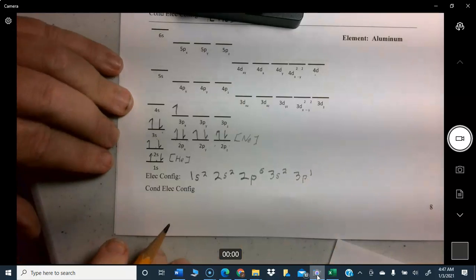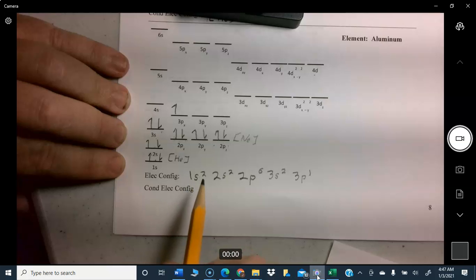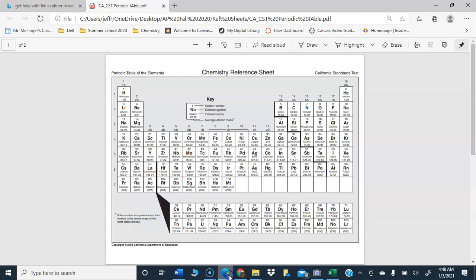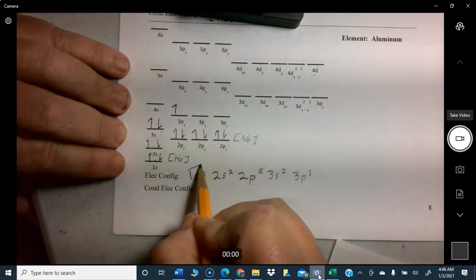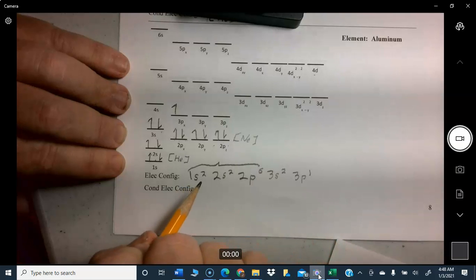All right. Now we said that the end of a p orbital is a new noble gas. And if we come over here, there it is. So if you're at the end of the second row, the end of the 2p is neon. So we're going to start with neon for our condensed electron configuration. If you take all these together, that's the electron configuration for neon.